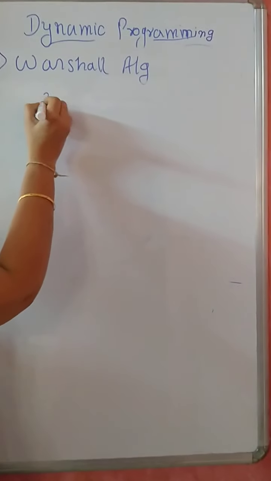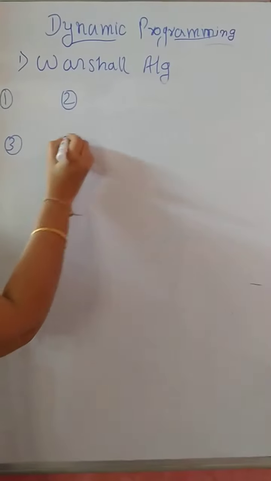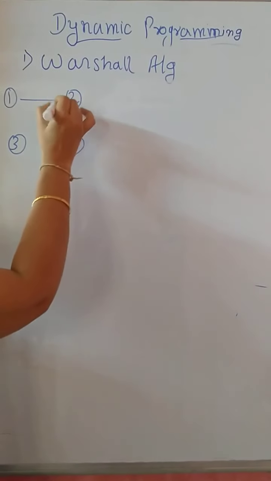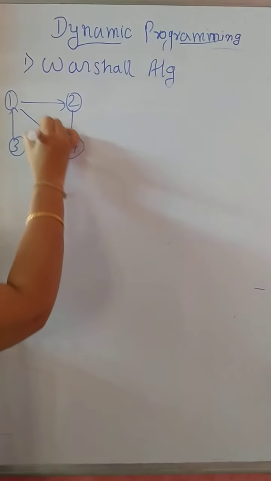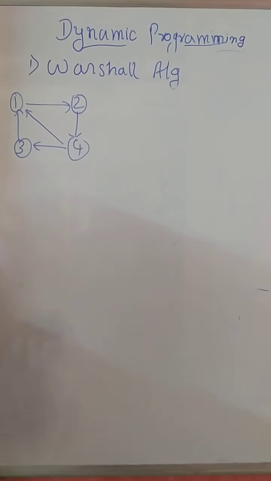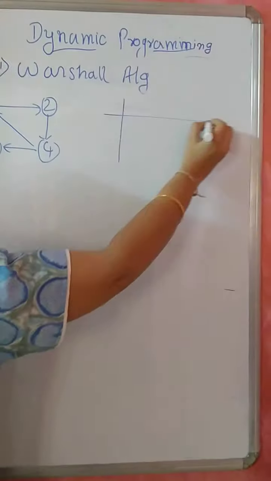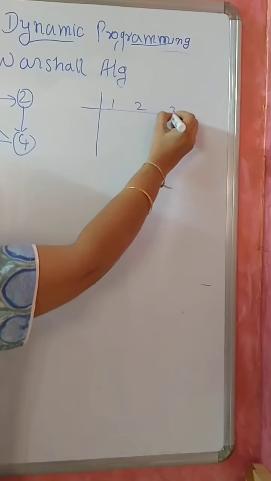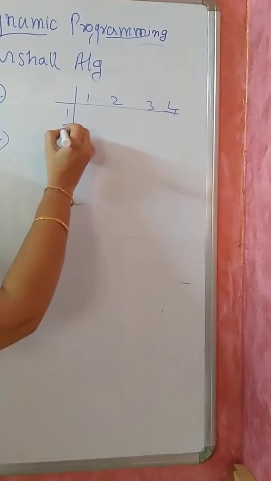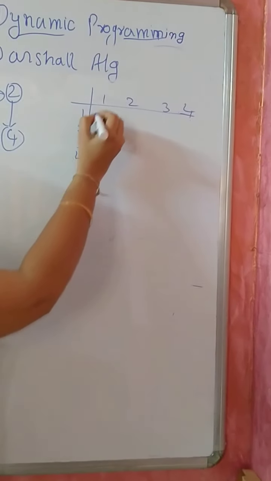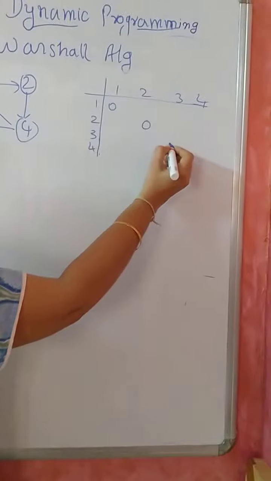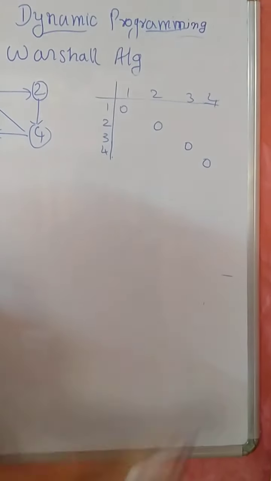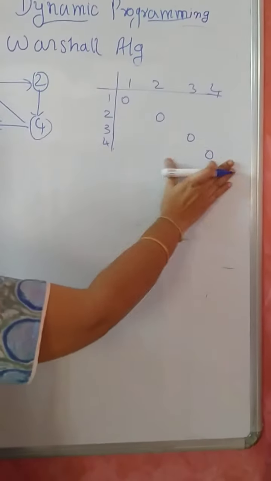Let us consider this particular graph. Something like this. Diagonal elements will be 0. I am writing the adjacency matrix, not the path matrix. The path matrix we will find out.